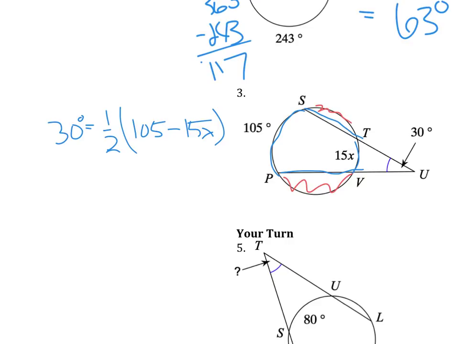So simplifying through, just because I know I'm going to have some fractions there, I'm going to actually multiply by 2 on each side. That cancels out that 1/2, and we get 60 degrees equals 105 minus 15x. And I'm going to go ahead and subtract the 105 here.